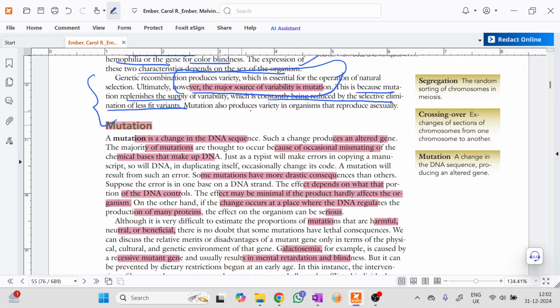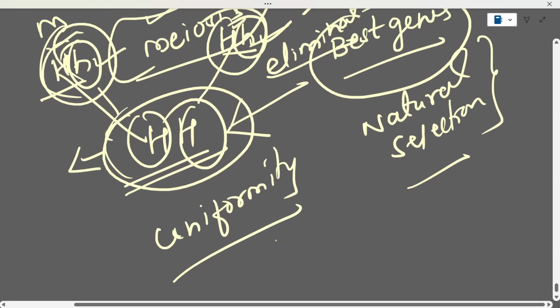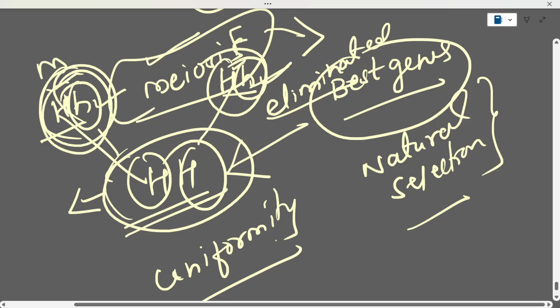So if natural selection keeps on going for a long time, many traits are eliminated. Because of elimination, the supply of variability goes from diversity to uniformity. See, here both are heterozygous.